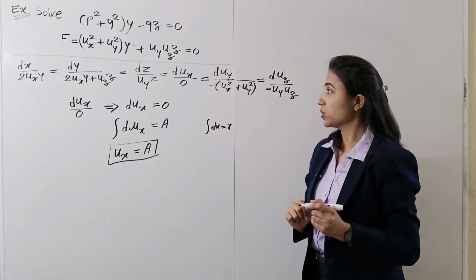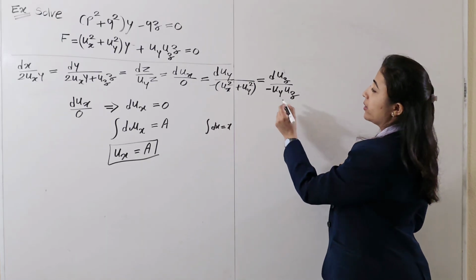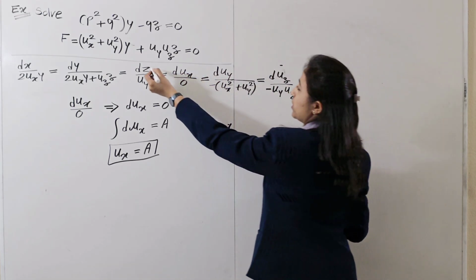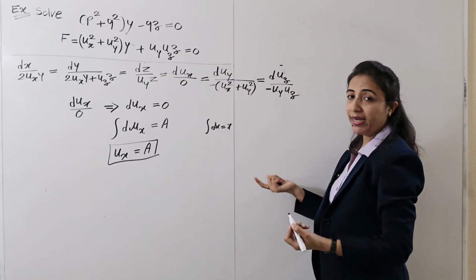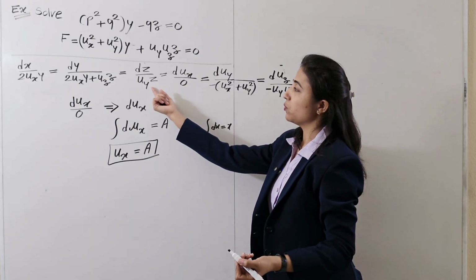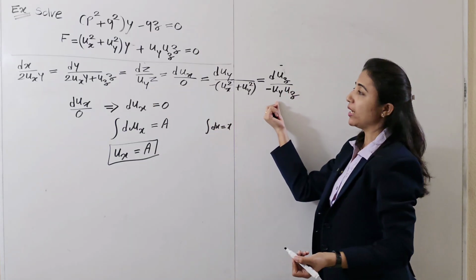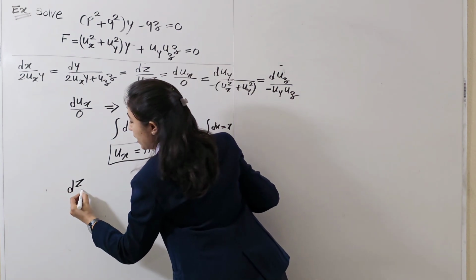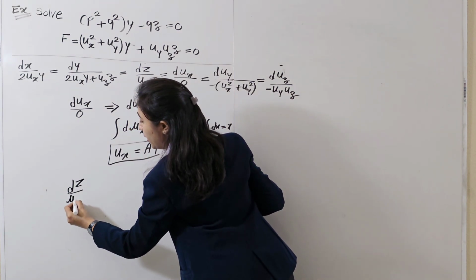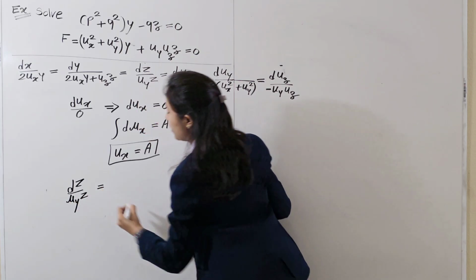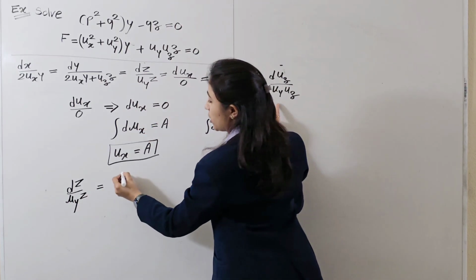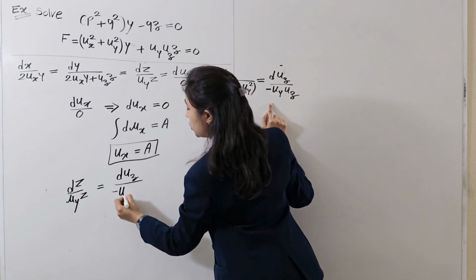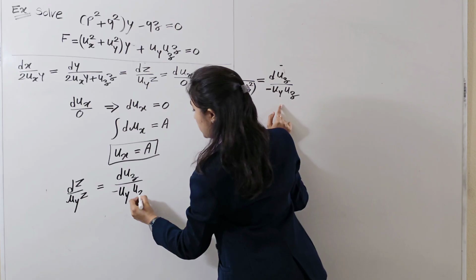Now take the next auxiliary equation. Here this one is simple, u_z. If we take this auxiliary equation equal to this one, because all are equal, you can take any auxiliary equation. So here if we take the third auxiliary equation and the last one, we will get dz divided by u_y into z equal to the last auxiliary equation du_z divided by minus u_y u_z.